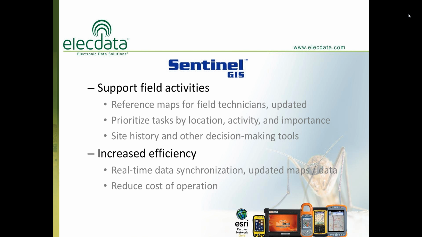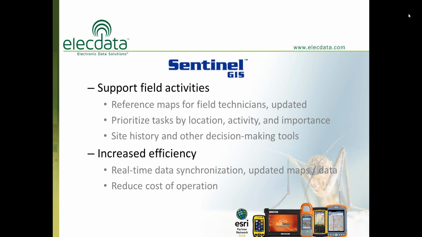That background information is updated continually, which is very valuable. Sentinel GIS software by design does prioritize tasks by location, activity, and importance. This just allows the technicians to identify which tasks have the highest priority and focus their time and attention on those activities.